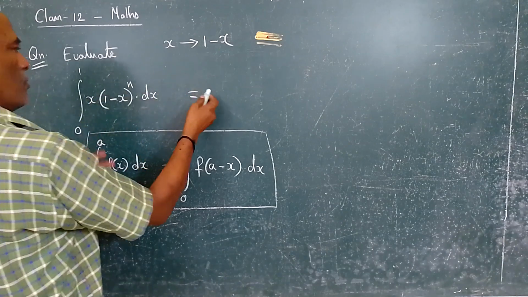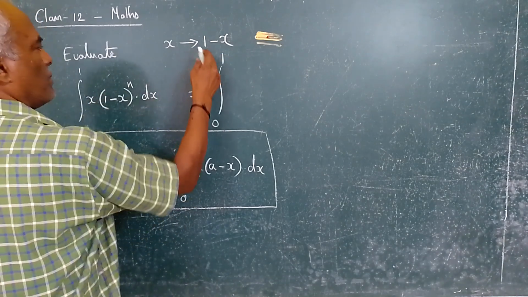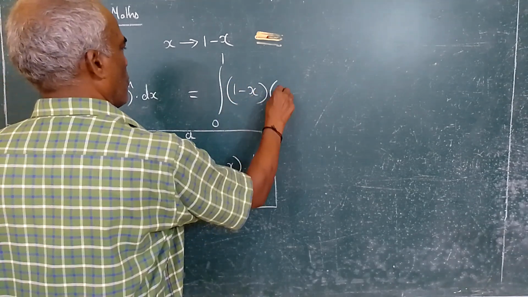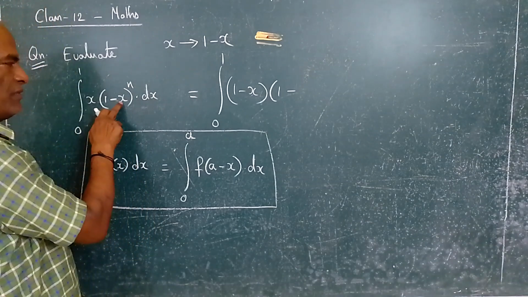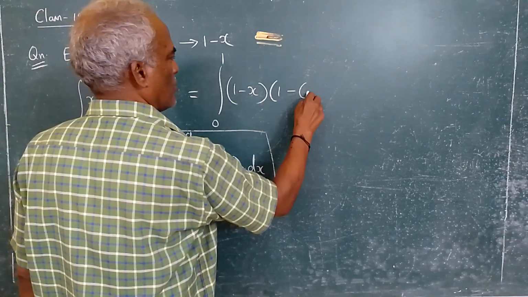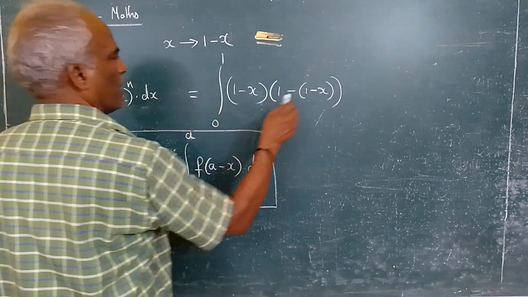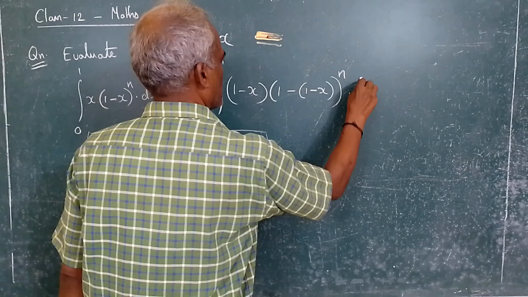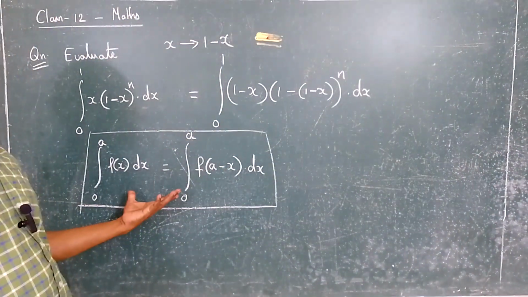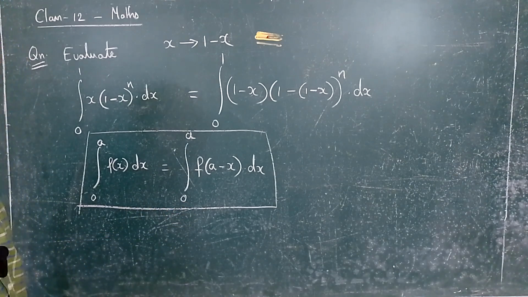So this is equal to integral 0 to 1, (1 minus x) into (1 minus (1 minus x)) whole power n into dx. So how did we get this integral? By making use of the definite integral property. Okay. Now the next step.